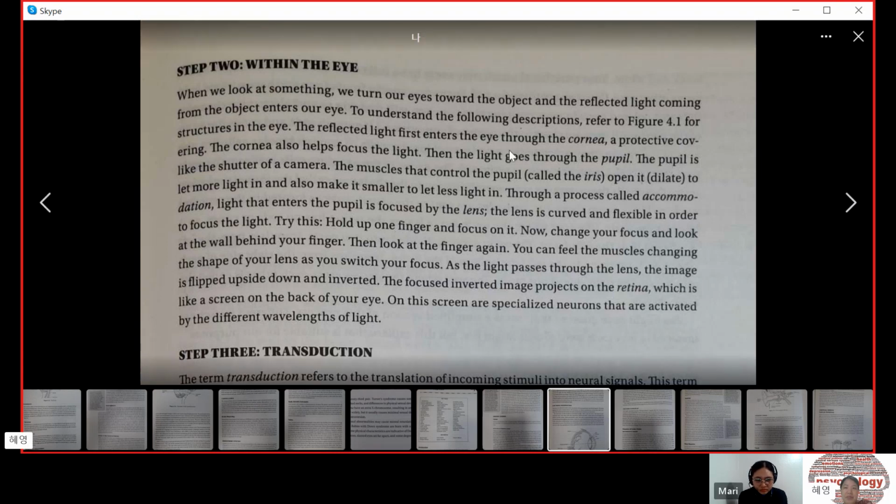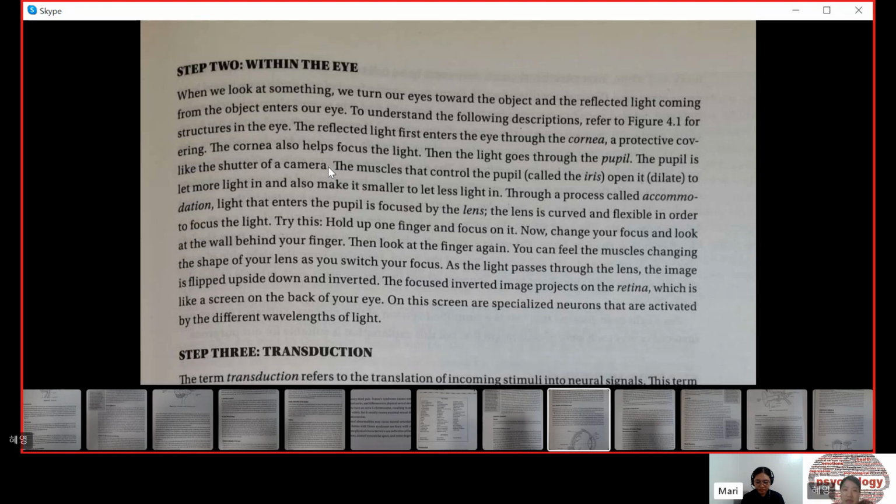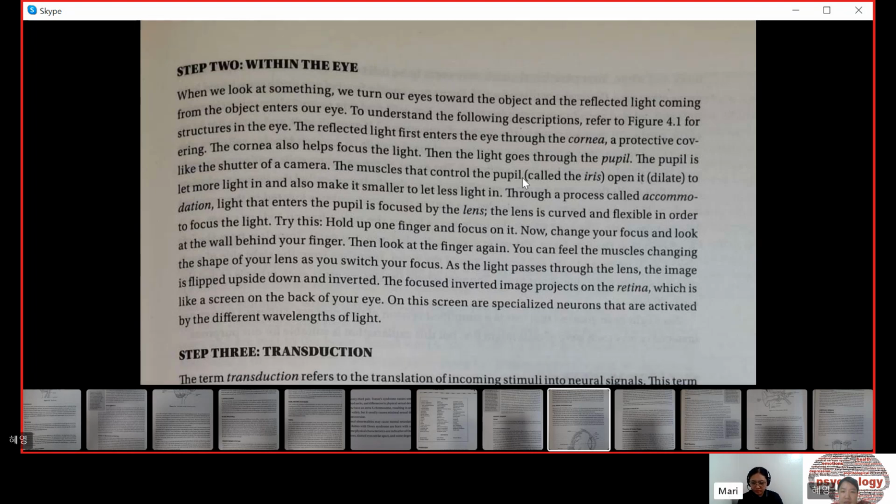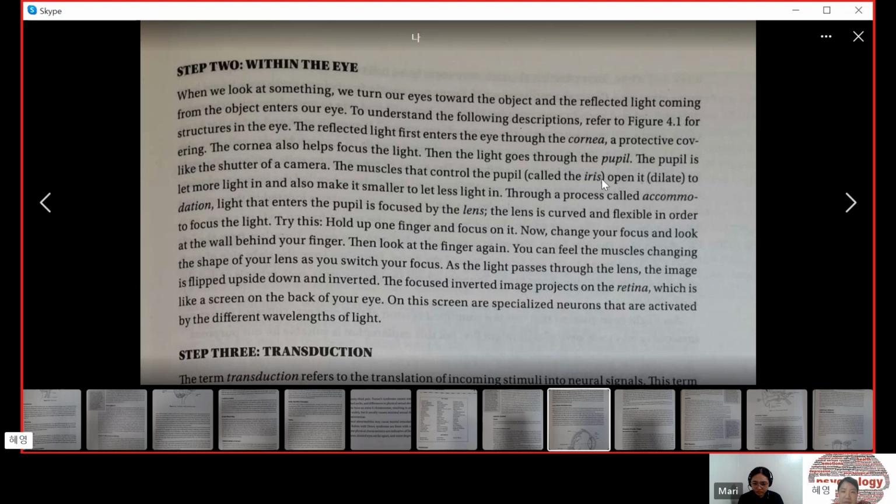The pupil is like the shutter of a camera. The muscle that controls the pupil is called the iris. It can open the pupil to let more light in and also make it smaller to let less light in.